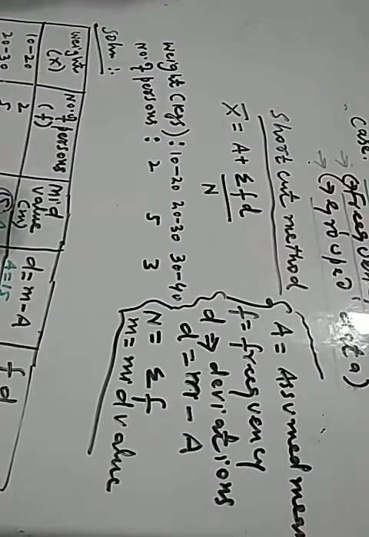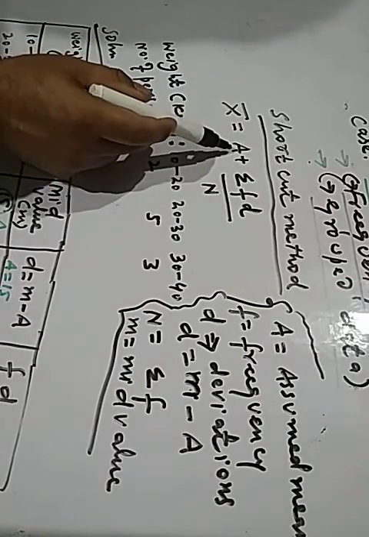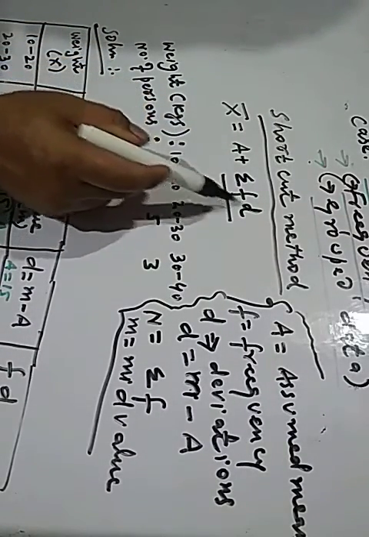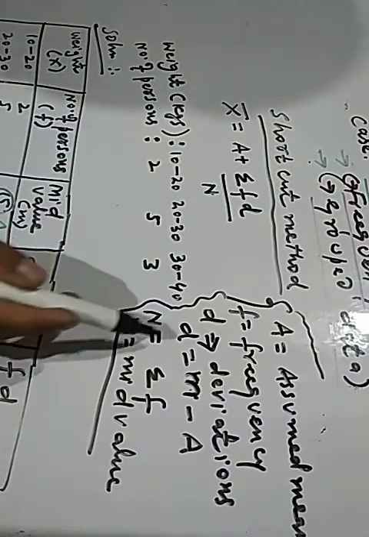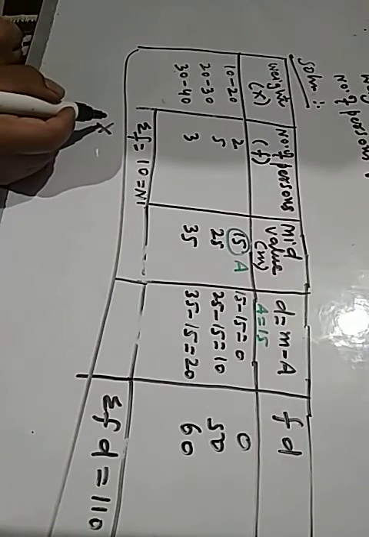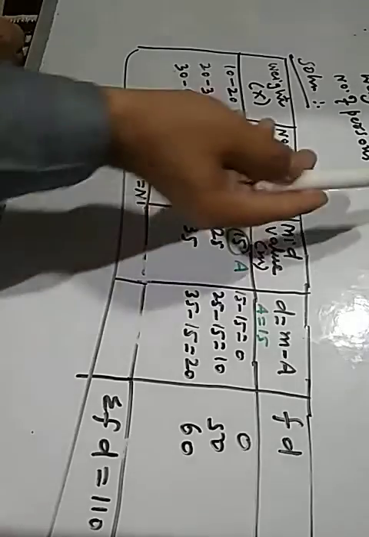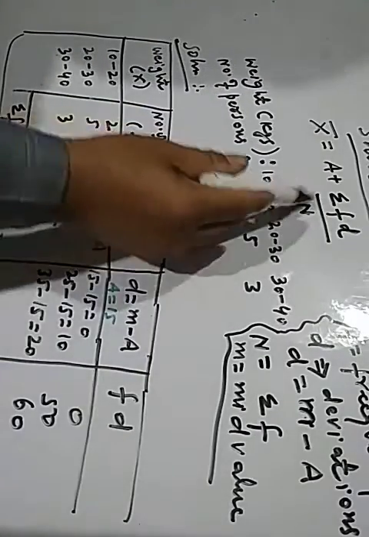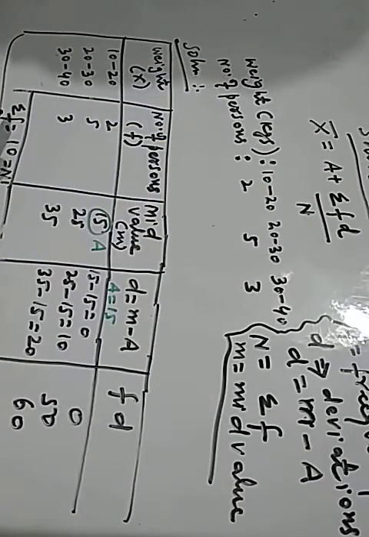The formula for shortcut method is that x bar is equal to assumed mean plus sigma fd divided by n, where n is equal to summation of frequencies. I will write here this is equal to n for your clear understanding, so that you may not get confused. That we have written here as n and here as sigma f, it means one and the same thing.